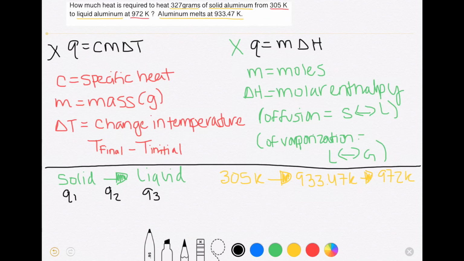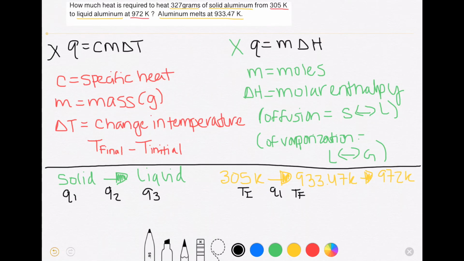The reason I'm lining up the temperatures is so that when I go to calculate my delta T, I'm not going to be able to make any mistakes, because my temperature change for my first Q is going to be 305 to 933.47, so this is my initial and this is my final temperature for my Q1 calculation. My even numbered Qs, so my Q2, and if I were to have it, a Q4, would use the Q equals M times delta H equation, and in that equation there is no delta T, so I won't have a temperature change for any even numbered Qs.